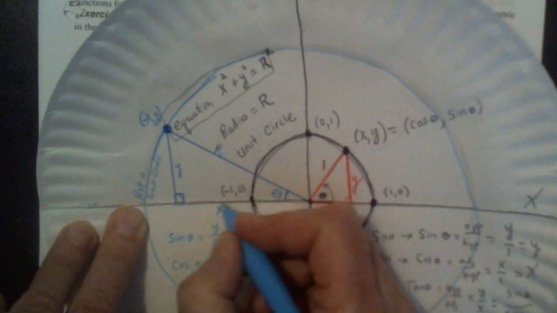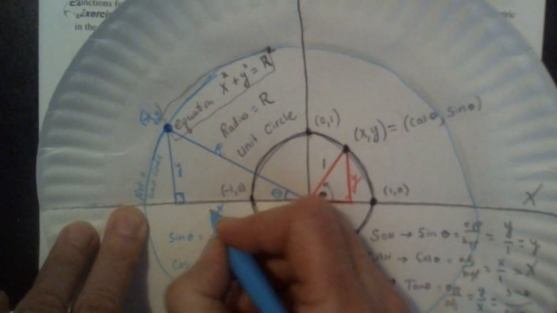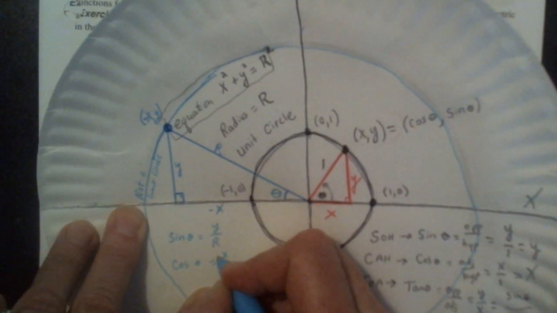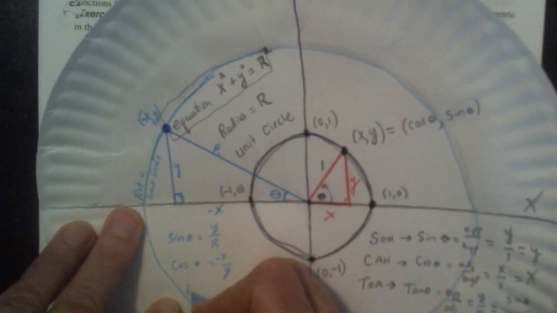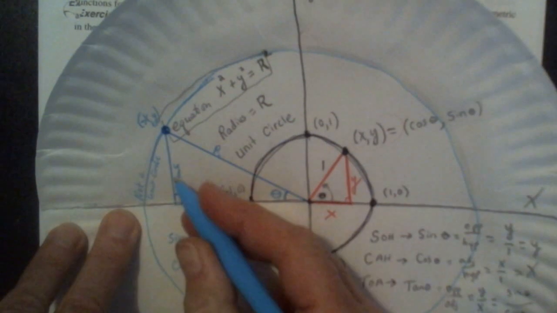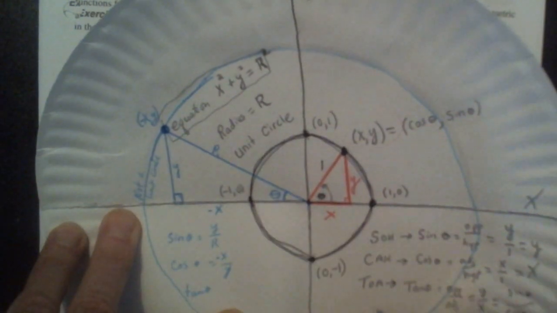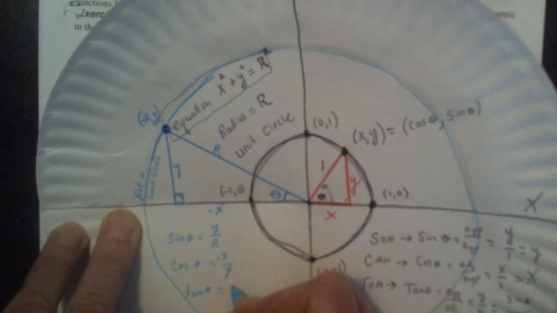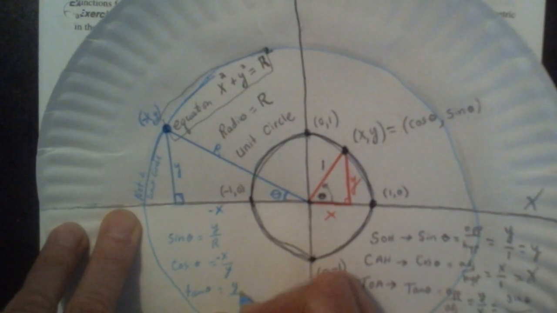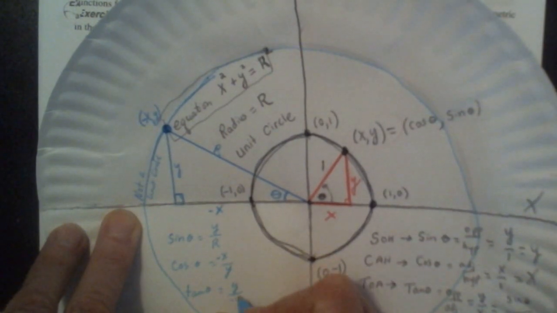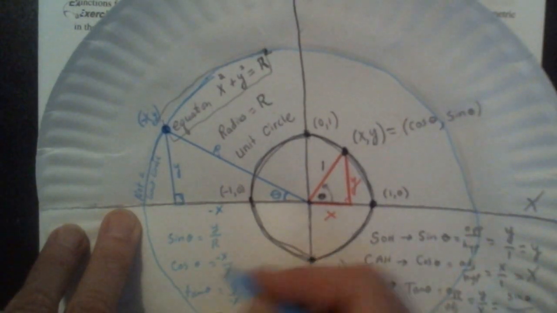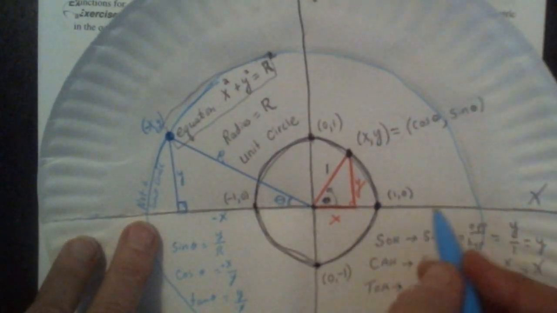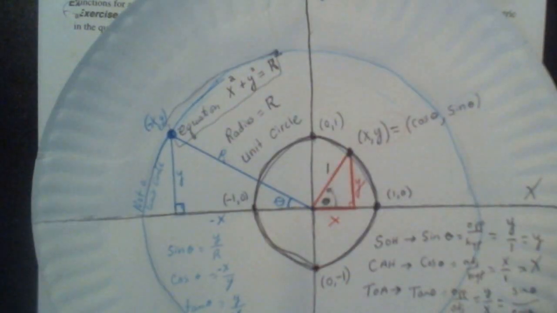However, because this x is going negative, we're going to put a little negative in front of that cosine, and the tangent of that angle, opposite over adjacent from SOHCAHTOA, opposite side is y, and the adjacent side is negative x. So we've got sine, cosine, and tangent of this angle theta, which is really this big angle of rotation right here over in quadrant 2.